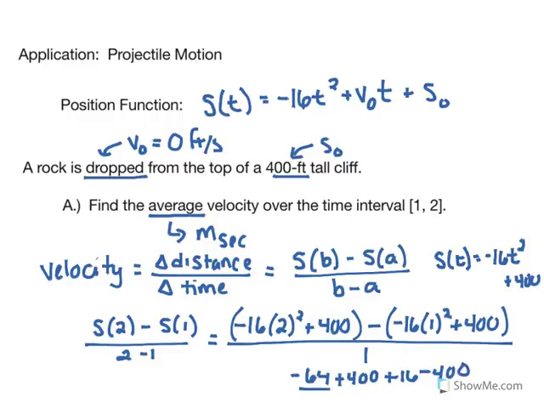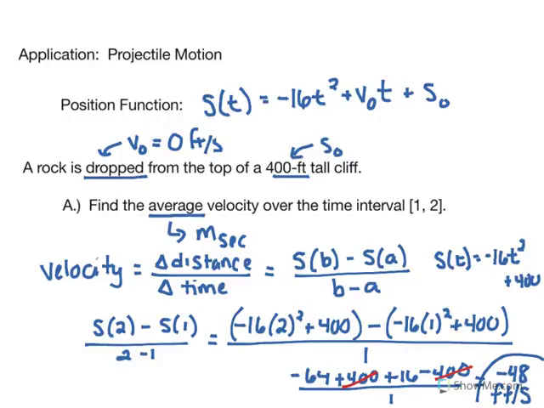This is all being divided by 1. If I go through, I can cancel off these 400s. Negative 64 plus 16 is negative 48. So our answer is negative 48 feet per second. Since it's an application problem, I should have units in my answer. Since I'm talking about velocity, I'm talking about feet, this is in feet per second. Okay, so that's to find the average velocity.